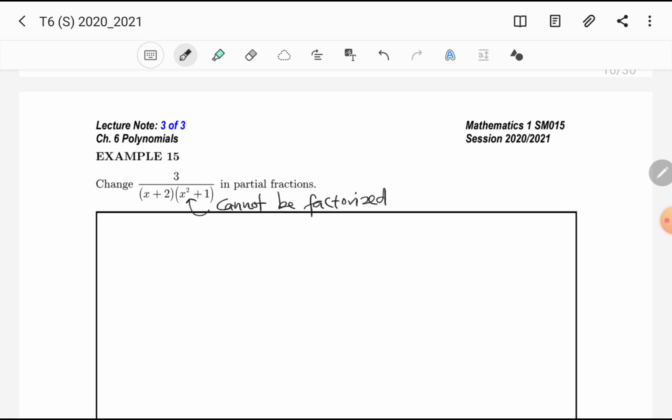Meaning that kita akan kekalkan dia dalam bentuk kuadratik. So, 3 over x plus 2 times x squared plus 1 can be decomposed as A over x plus 2 plus, okay, we have over x squared plus 1, a quadratic factor. So, kita akan tulis Bx plus C.